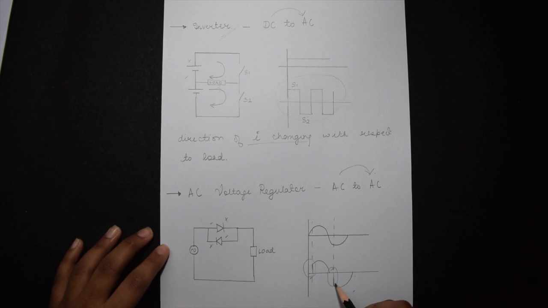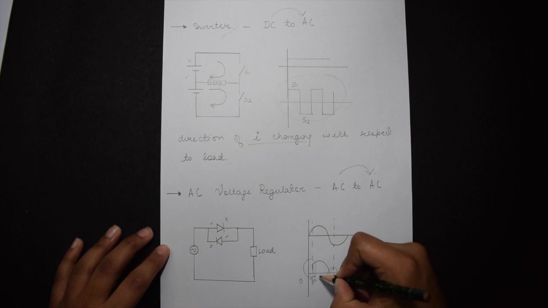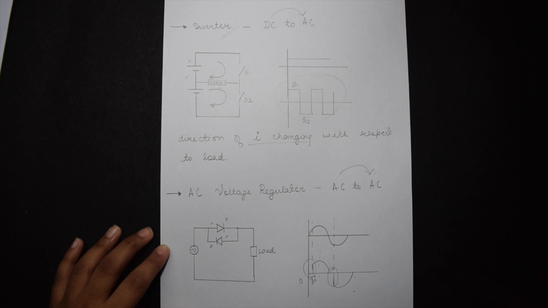That is, either you get the output from 30 degrees or you don't get the output from 0 to 30 degrees. That is what is happening over here, and thus we are getting an AC output, but it is a bit varied. At different frequencies, it will conduct in a different way.